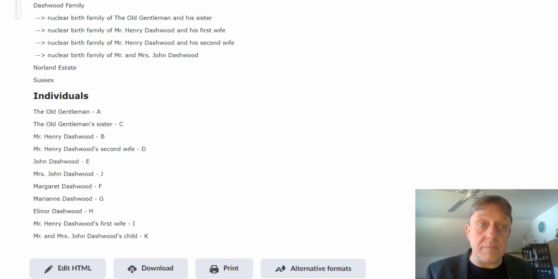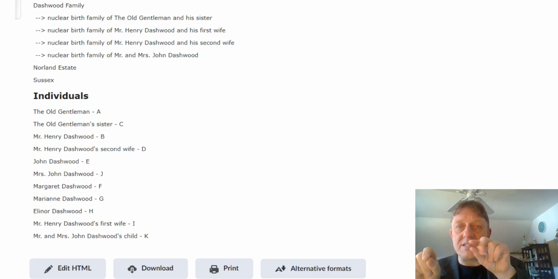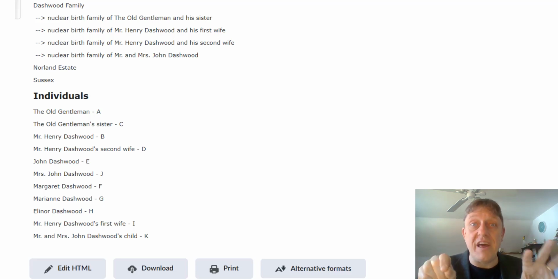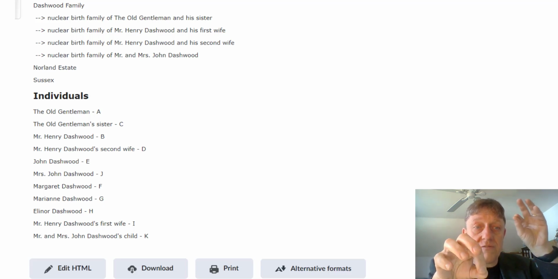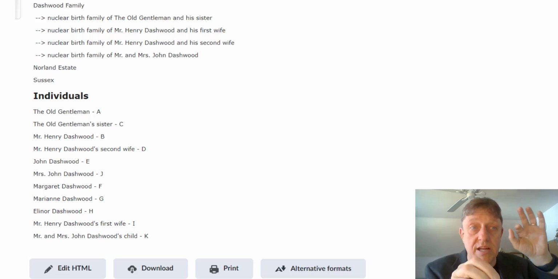Within the Dashwood family, we can also consider the nuclear birth family of the old gentleman and his sister who comes to serve as caretaker of the house for a long time. There's a second nuclear birth family of Mr. Henry Dashwood and his first wife, then the nuclear birth family of Mr. Henry Dashwood and his second wife, and finally the nuclear birth family of Mr. and Mrs. John Dashwood.